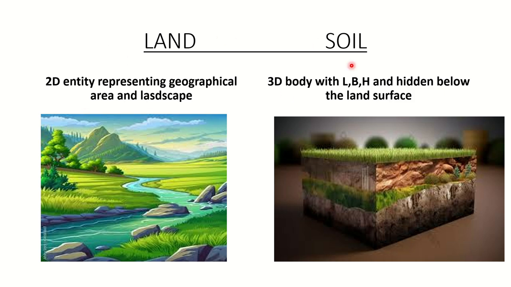The main difference between land and soil is that land is a 2D entity and soil is a 3D body, that means two-dimensional and three-dimensional. In the soil, it has length, breadth and height, and this is the land surface, and the soil is hidden below the land surface.